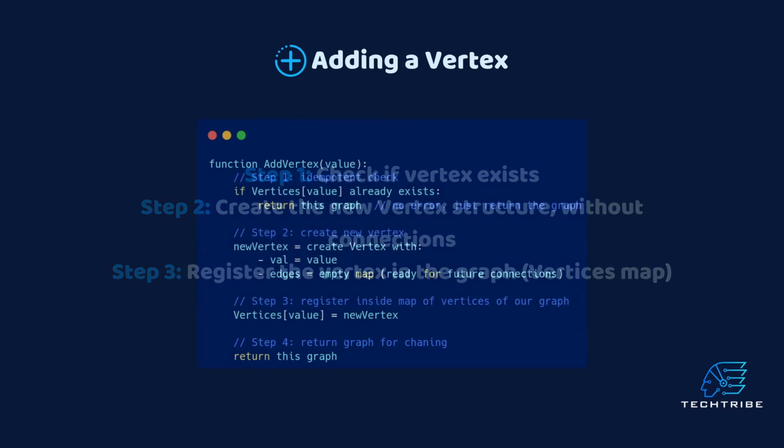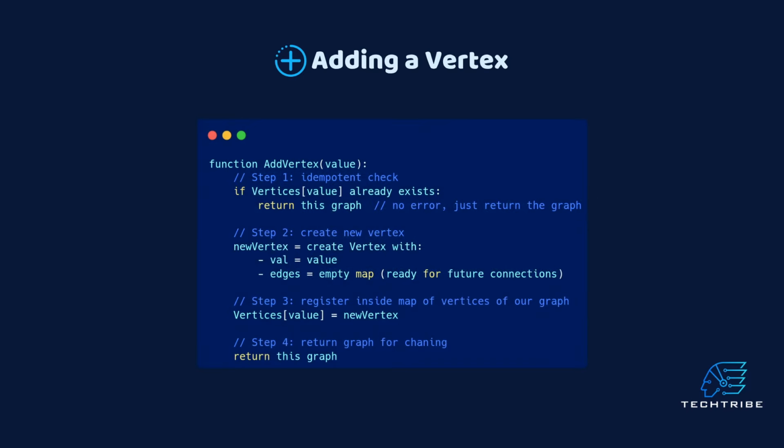The pseudocode for that will be like that. So you first check if the vertex exists inside the vertices map of your graph. You then create a new vertex without any connections, because you'll add the connections later on, maybe.